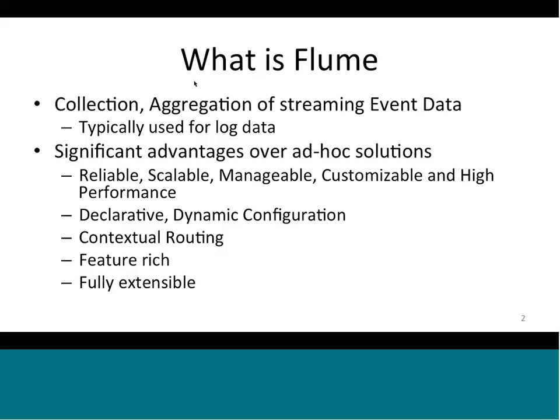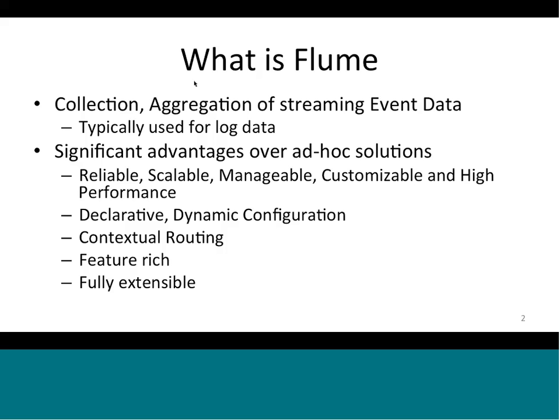Now, once I introduce the concept of an event, then events have to be routed, they have to be processed, they have to be transformed, and so on. So then we will start talking about declarative configuration.